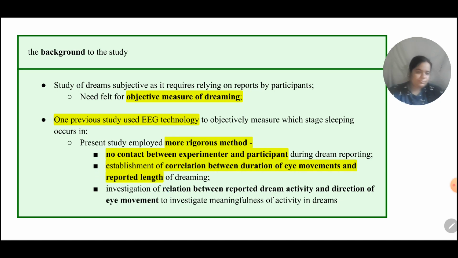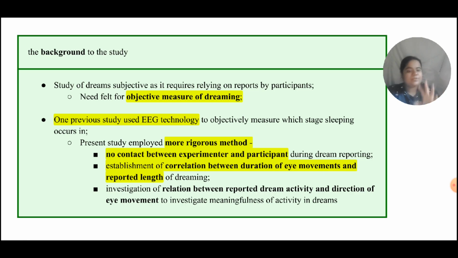Secondly, they wanted to know as much about dreaming as possible with the EEG machine. They wanted to completely omit the need for subjective reports of dreams from psychology. So for that, they not only wanted to use the EEG machine to find out when a person is dreaming. Okay, the EEG machine shows he's in the REM stage of sleep, so he must be dreaming. That's not all that they wanted. They also wanted to know for how long the person is in the REM stage of sleep.